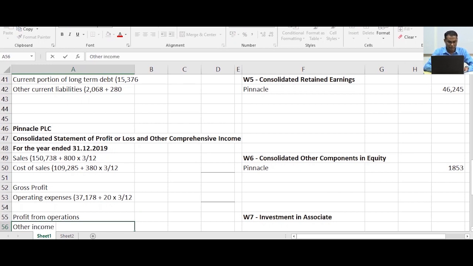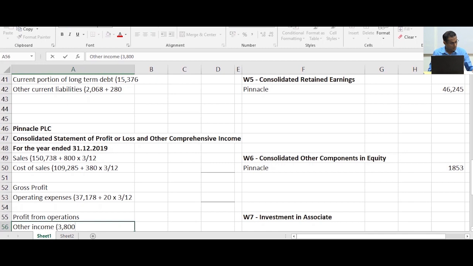Parent is having 3,800 worth of other income. What is this? Hope you can remember, this is in the individual financial statements the profit of the parent company on disposing the small limited, which we need to eliminate when it comes to the consolidation level. That should be the first adjustment, keep that in mind. Okay, we'll do that. Then the subsidiary doesn't have any other income.